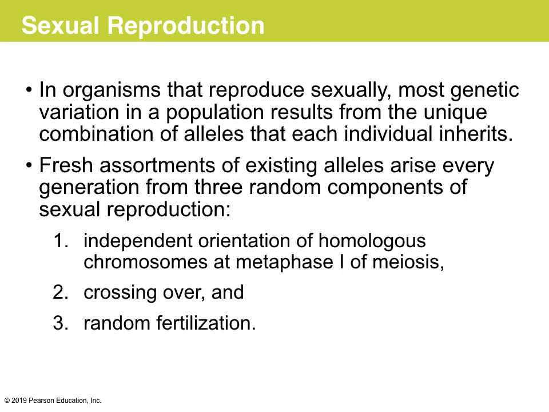You're going to see this on the test. 1, independent orientation of homologous chromosomes at metaphase 1 of meiosis. 2, crossing over. And 3, random fertilization. Because of these 3 components, you're really shuffling the genetic deck a lot in sexually reproducing organisms.